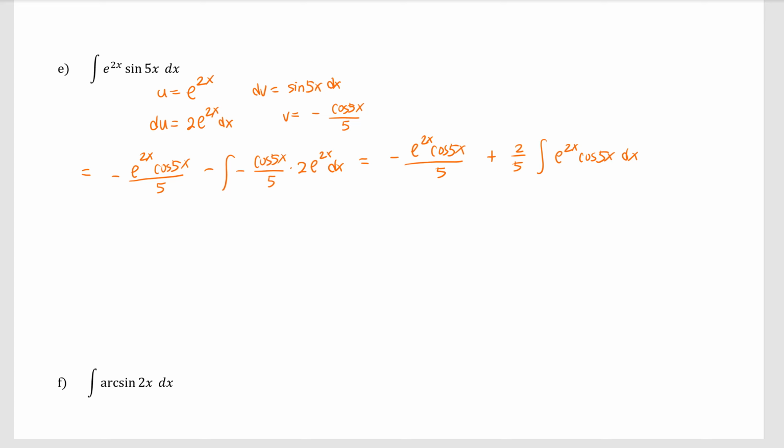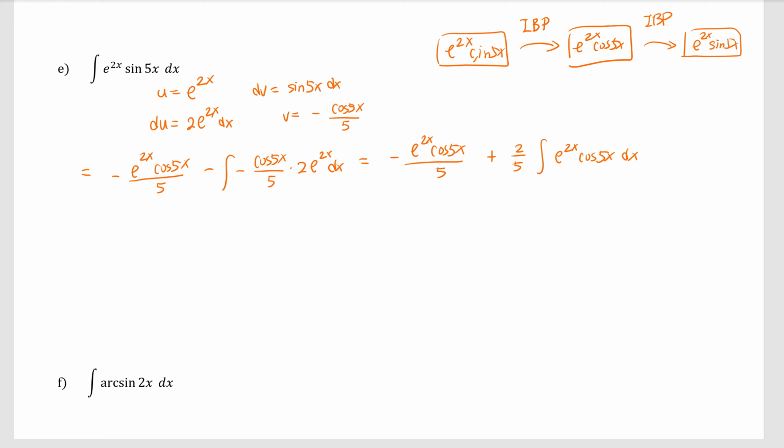So far so good? You can see we start with e to the 2x sine 5x, and we do integration by parts once. Then we get e to the 2x cosine 5x. So what do we do? Don't worry. Do integration by parts one more time, then you will get e to the 2x sine 5x back. You might ask, it's not going to be helpful if we get it back. Don't worry, I will show you the trick later on.